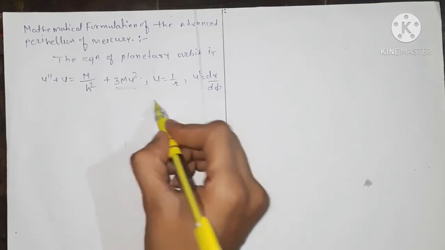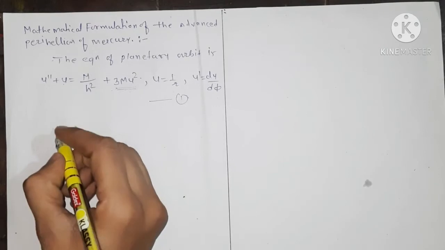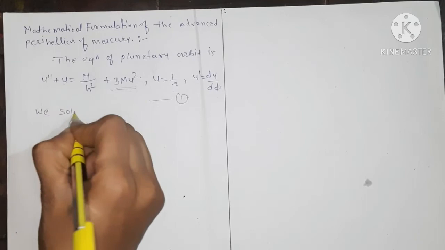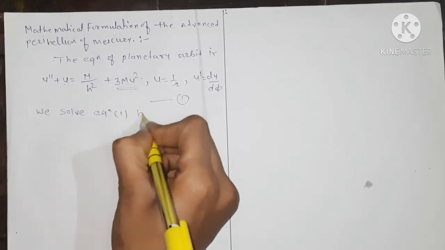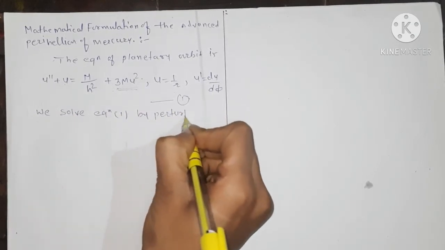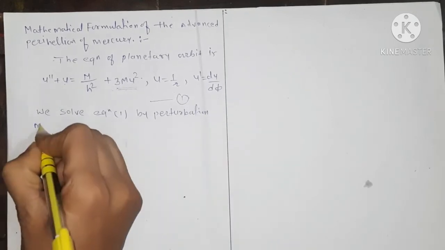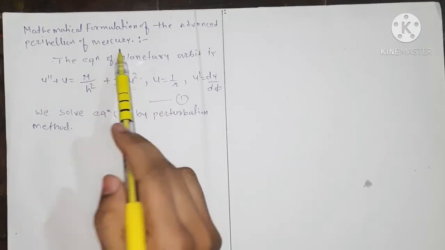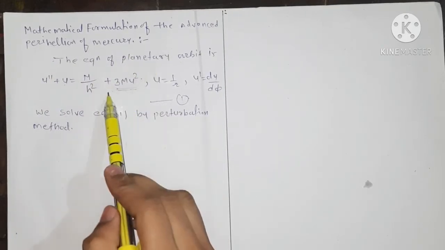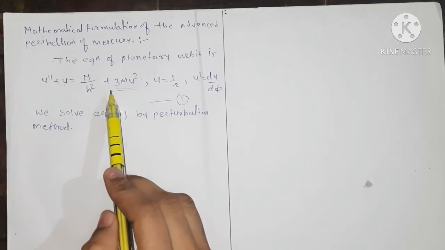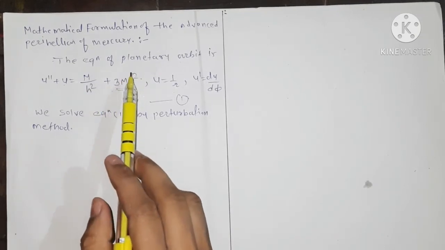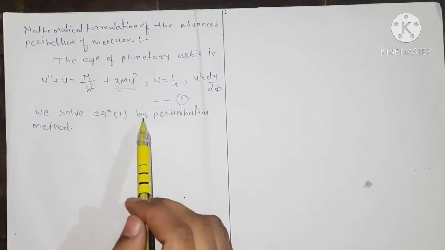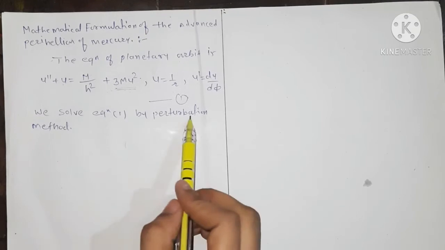So we solve this equation 1 by the perturbation method, because we require the change in the perihelion of Mercury. Mercury is a planet, so we are taking the equation of planetary orbit, and we require the change, that is the shift in the elliptical orbit. For that we require the disturbance, and the disturbance is taken by the perturbation method.